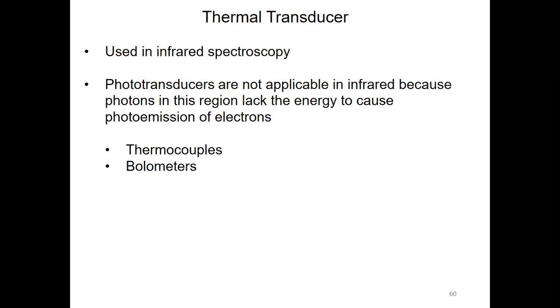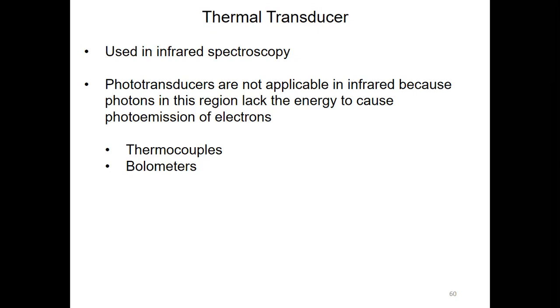So the IR radiation energy is lower compared to the visible range, and this energy is not enough for the photoemission of electrons.